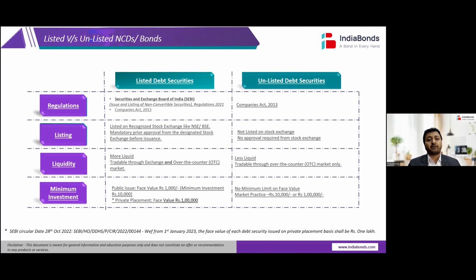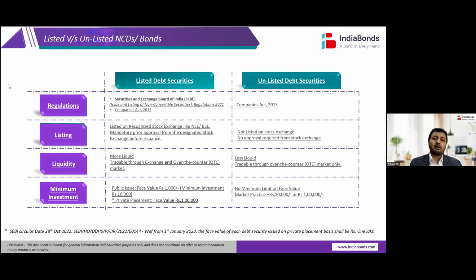Listed securities are regulated by SEBI under the Issue and Listing of Non-Convertible Securities Regulations 2021, as well as the Companies Act. Both govern them, because companies issue bonds and hence they are governed by the Companies Act. Unlisted securities are mainly governed by the Companies Act only and not by SEBI.